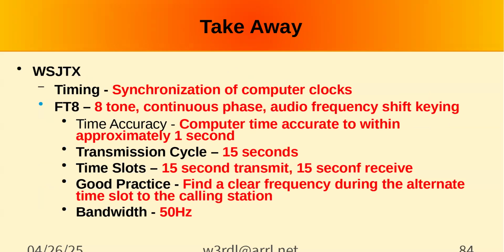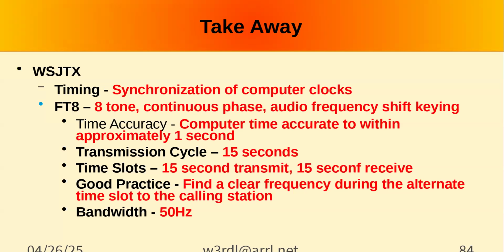FT8's an 8-tone continuous phase FSK, where you have to have your clocks within 1 second or better. It has a 15-second transmit cycle or a 30-second transmit receive cycle.